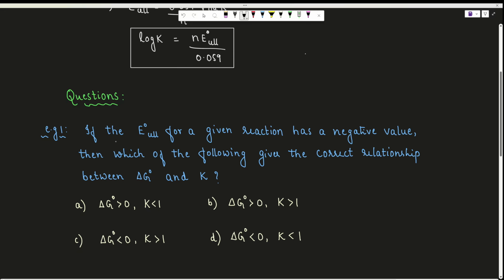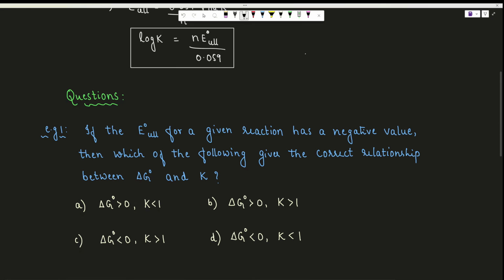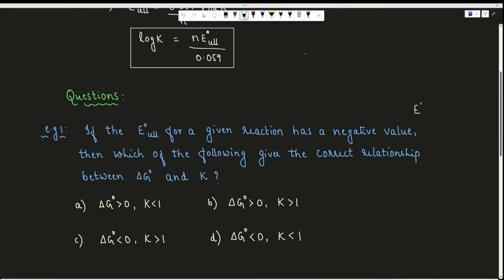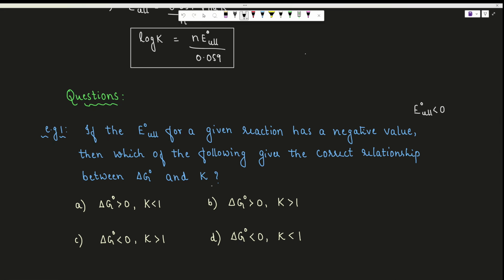First one: if the E naught cell for a given reaction has a negative value, then which of the following gives the correct relationship between delta G naught and K? Means what is the value of delta G naught and K here?